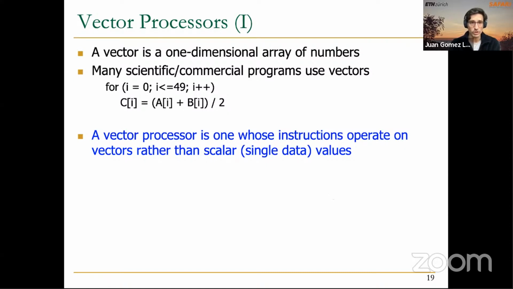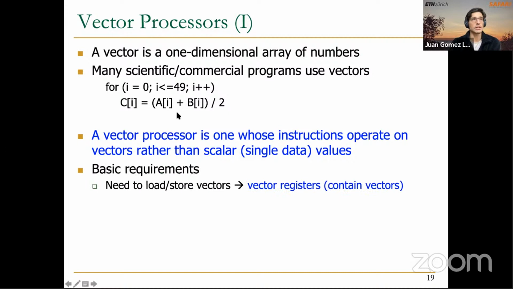A vector processor is a processor where these instructions operate on vectors rather than a scalar value. So as you see here in the sequential program, we are operating on scalar processors, whereas in the vector processor, we will have the ability of operating on all these 50 elements at the same time.